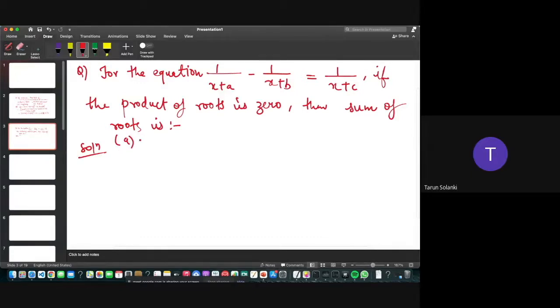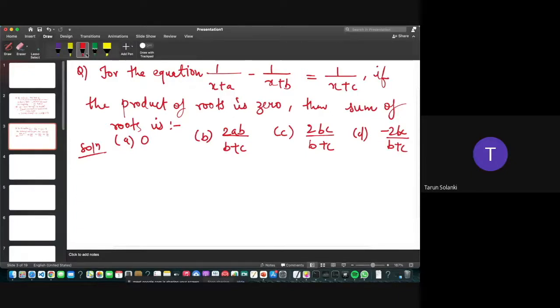The options are: first 0, second 2ab by b plus c, third one is 2bc upon b plus c, and last option is minus 2bc upon b plus c.